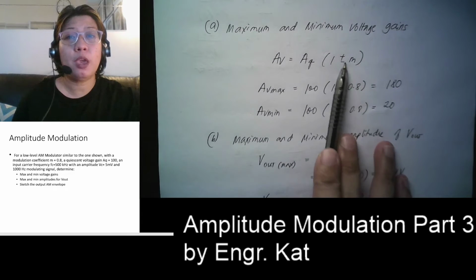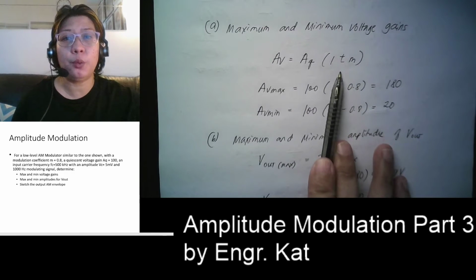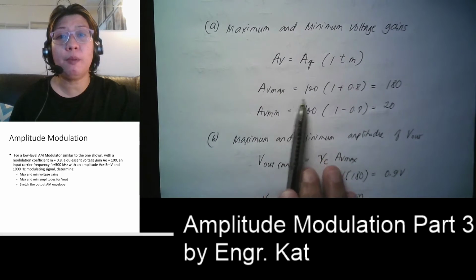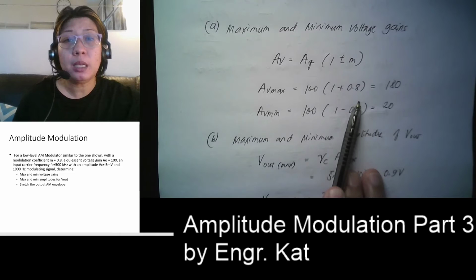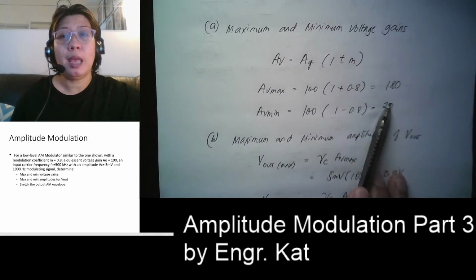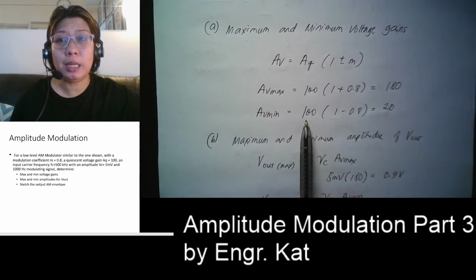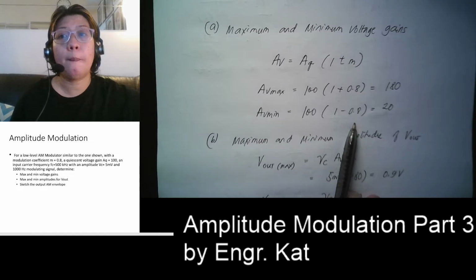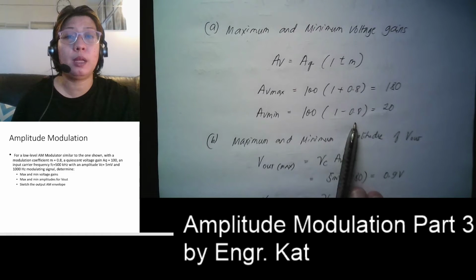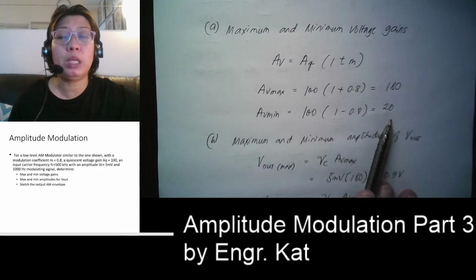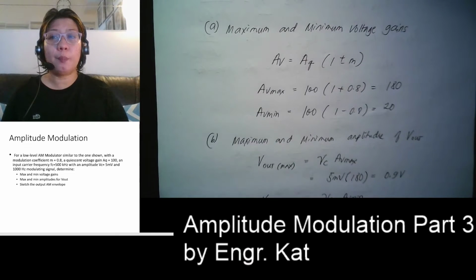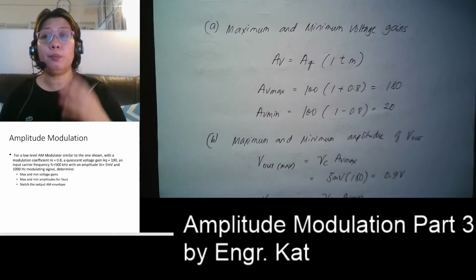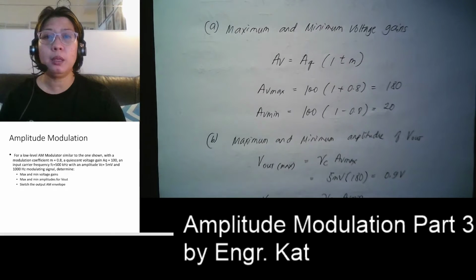We have the plus m for the maximum value and the minus m for the minimum value. So A_V max is 100 times 1 plus 0.8, which gives you 180, and A_V min is 100 times 1 minus 0.8. One minus 0.8 is 0.2, times 100, which gives you 20. So with the applied modulating signal, our voltage gain goes from 20, the minimum value, to 180, the maximum value.